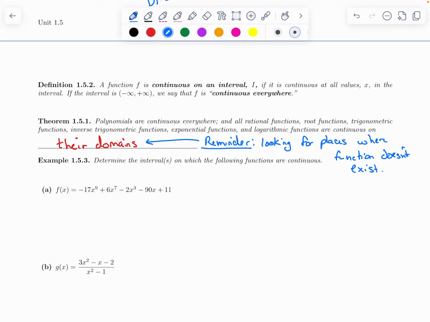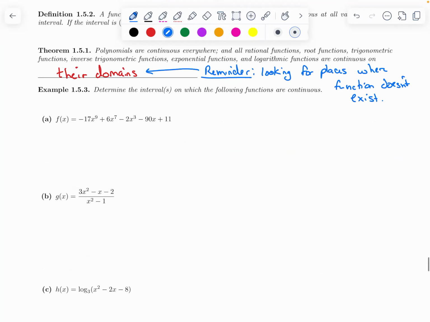So when it comes to a radical function, like the square root function, sorry, even radicals, you're trying to make sure that the inside is greater than or equal to 0. If you're dealing with a function that has a denominator, you're trying to make sure that the denominator does not equal 0. If you're dealing with a logarithm, you need to make sure that the inside of the logarithm is strictly positive, and all that stuff.